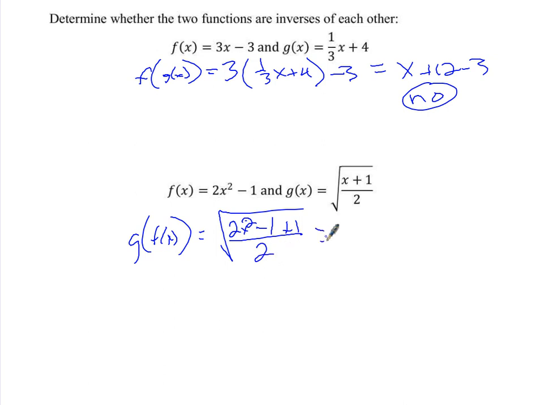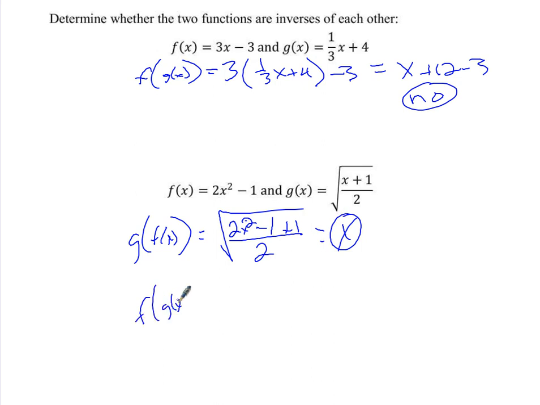Okay, so let's simplify some of the stuff in our head. The minus 1 plus 1 goes away. The 2's here go away. The square root of x squared is just x. We have to do both anyway.